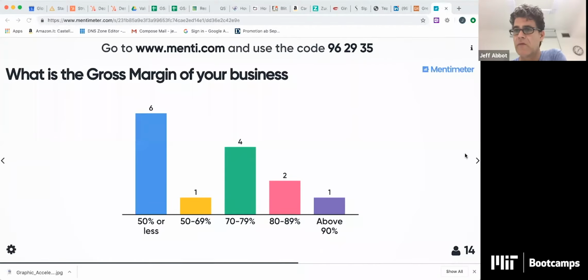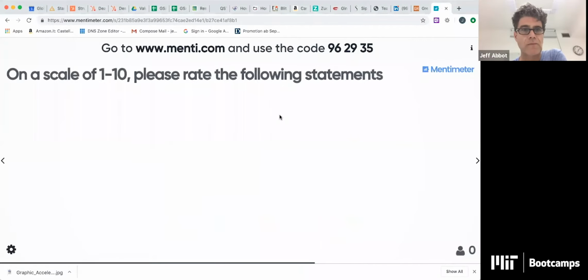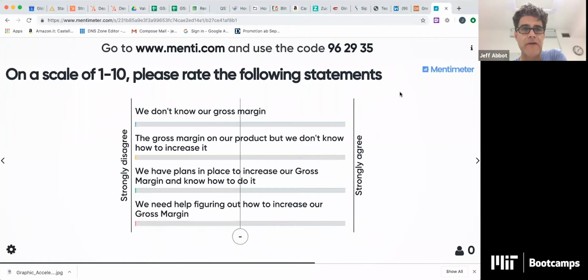Cool. So moving on. As it relates to gross margin, please rank the following statements on a scale of 1 to 10. We really don't know our gross margin that accurately. Or we know the gross margin on our product, but we don't know how to increase it.